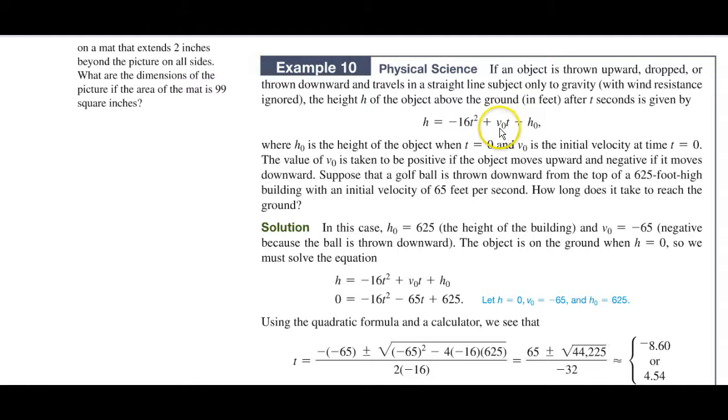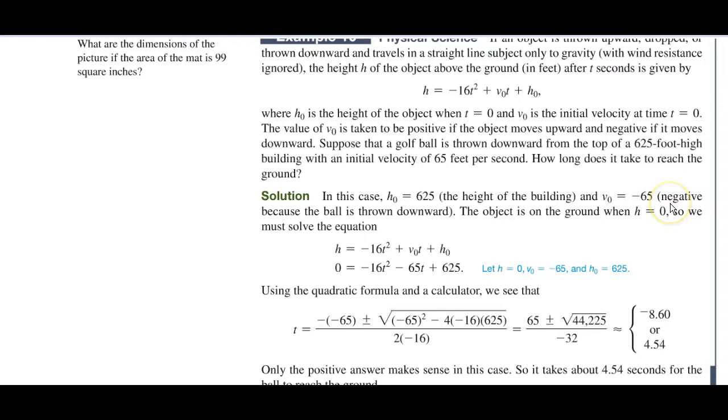This v sub o is initial velocity, t is time, and H sub O is the height that we want to get to. And it looks like it's dropped from 625. So H sub O is 625 feet.